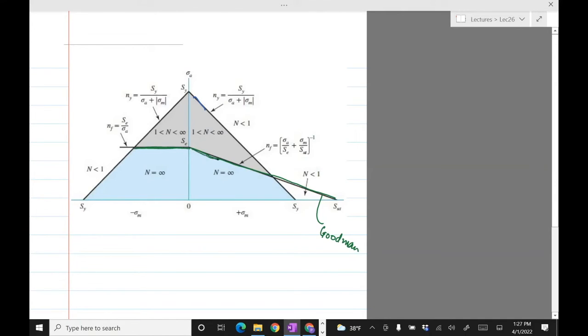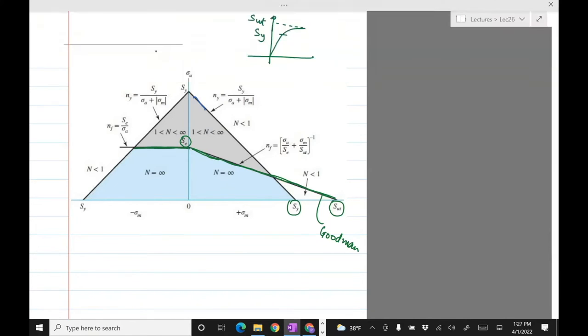It is sloping on the positive sigma M axis. The points of intersection are Sc and Sut. And Sut, remember, is always greater than Sy, because if you remember the curve for failure, Sy is here and Sut is somewhere up. So Sut is greater than Sy.